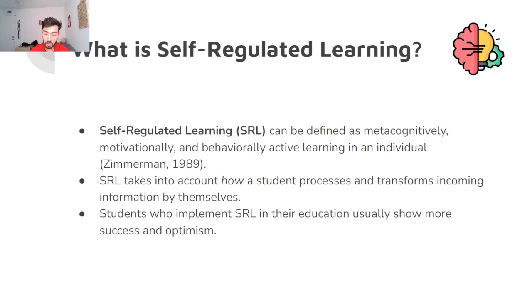And it is shown by research that students who implement SRL in their education usually show more success and optimism by having control of what they learn, how they regulate it, and how they process that information. They show more success, more practicality, more optimism in how they learn and how they process it.